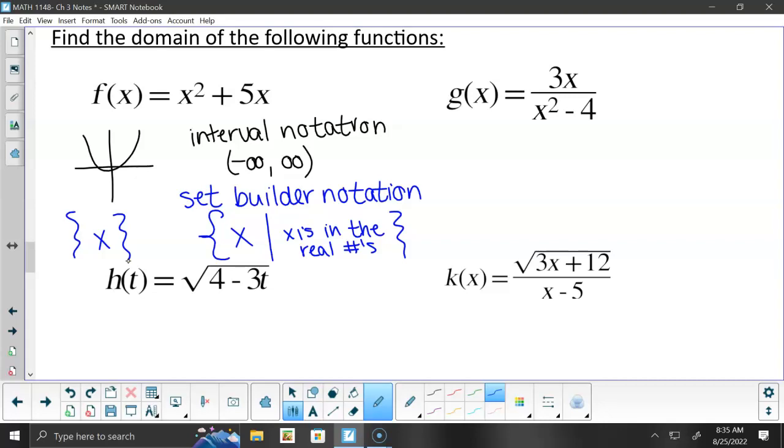Okay. For the g of x, am I going to have any possible problems? Can I factor that denominator? Yeah. So the denominator ends up factoring to x plus 2 and x minus 2.